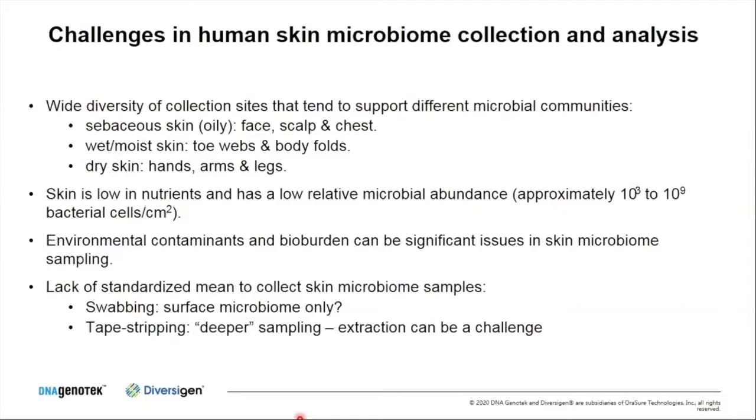So one of them is swabbing, where you're using a swab. And some people argue that swabbing is not as good because you're only going to be collecting the surface microbiome. And the second approach is to use tape stripping, so using a sticky tape to capture the bacteria that are present on the human skin, and that allows you to do deeper sampling. But extraction can be a challenge from tape stripping because it's very hard to dislodge the captured microbial cells from the sticky tape.